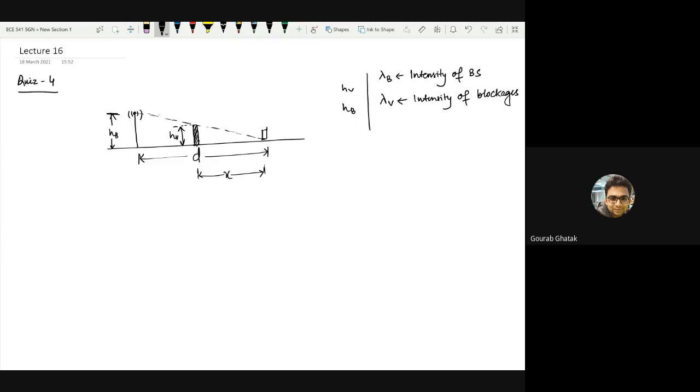Of course, in the random network, it will be a random variable. But for the purpose of the first question, A, we have to express x in terms of d, where x is the distance within which, if a blockage exists, the base station user link will be blocked.